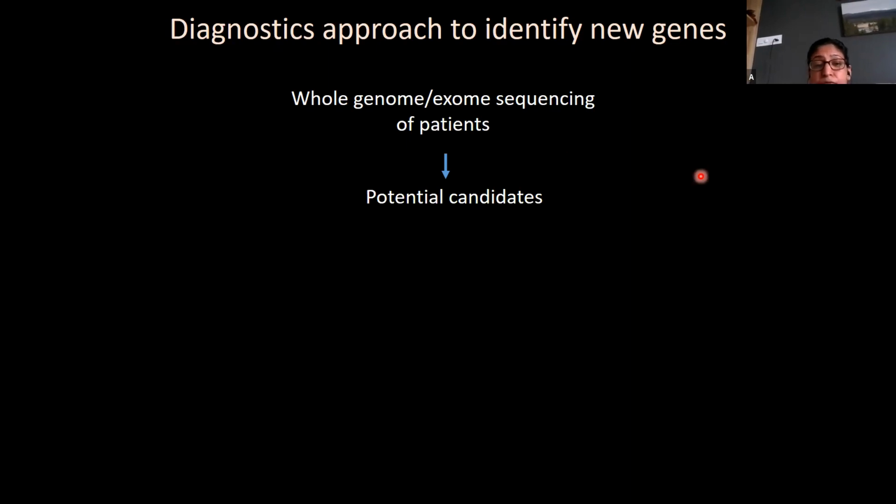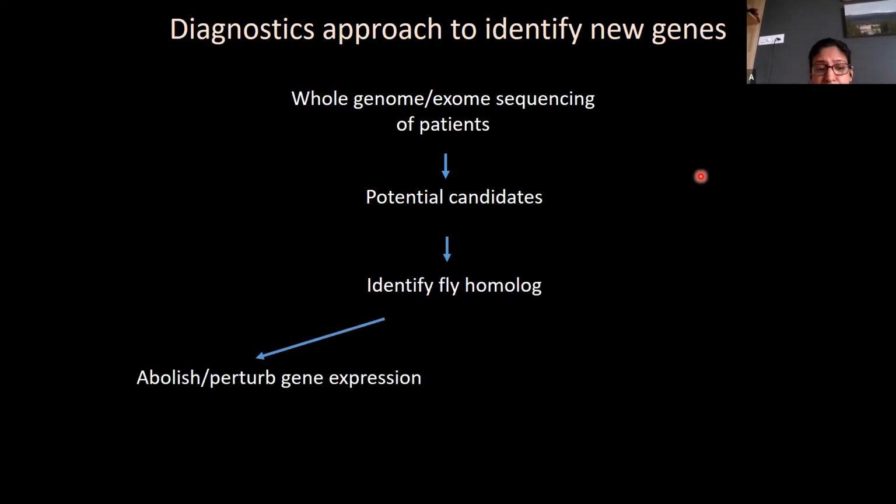In this case, we're not going for a single candidate. We are going to look for homologs of all these 5 candidates. Once we know these are the 5 genes, A, B, C, D, E, we look at whether there are mutants available. If there are mutants available, we look at a quick loss of function phenotype.